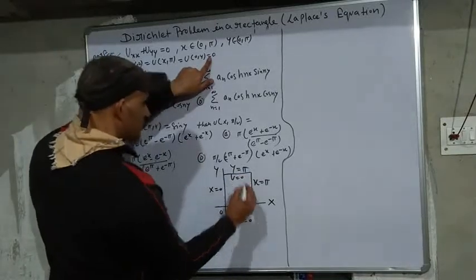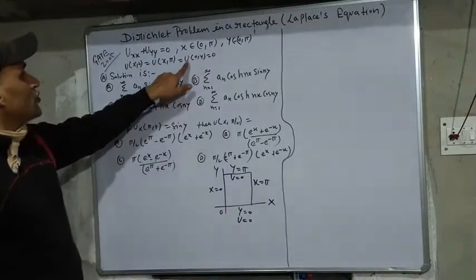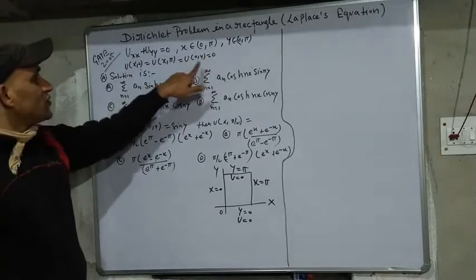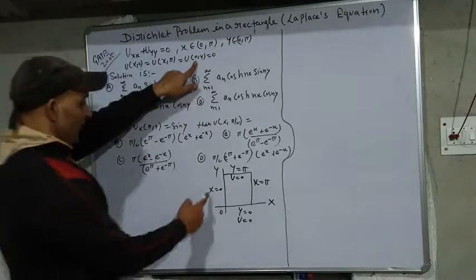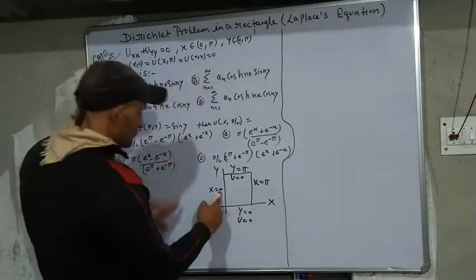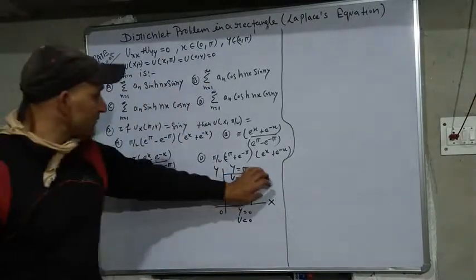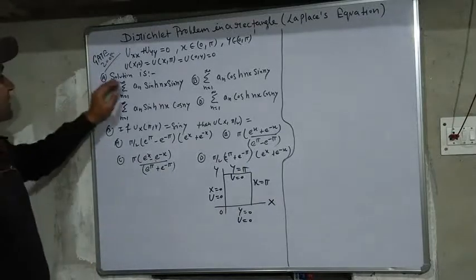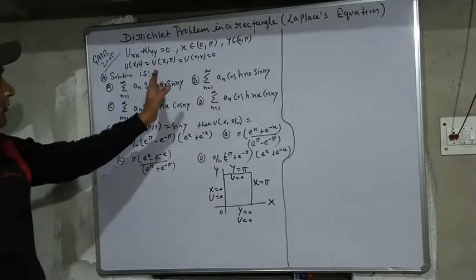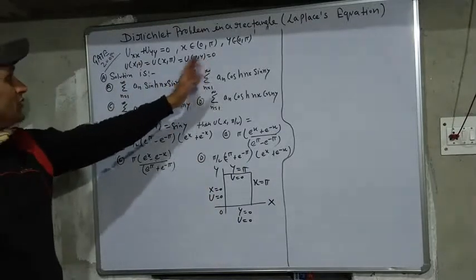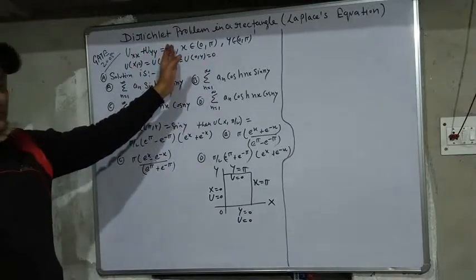Now the third one: when x is equal to 0, then u is equal to 0. Now he is asking what is the solution of such a problem with such boundary values, and this is your Laplace equation.